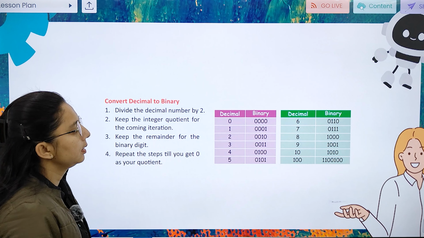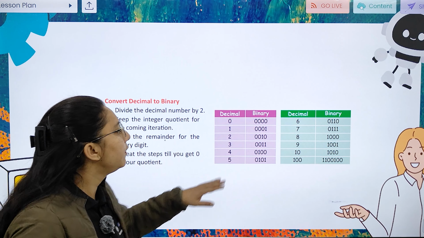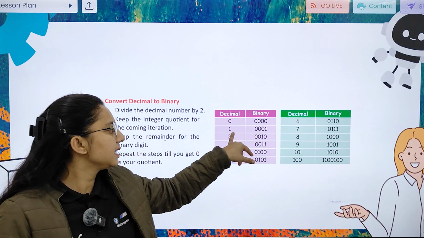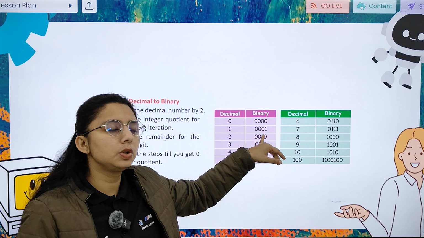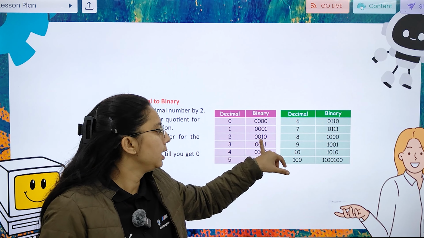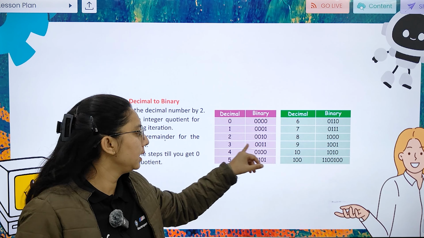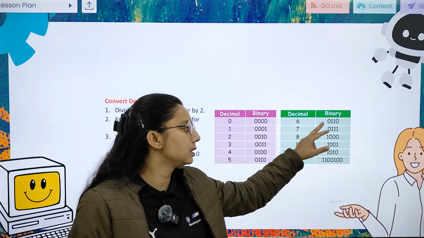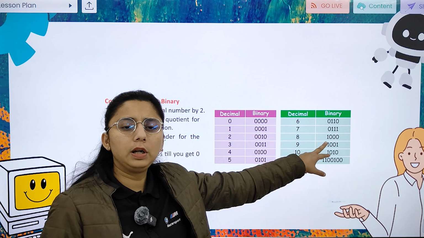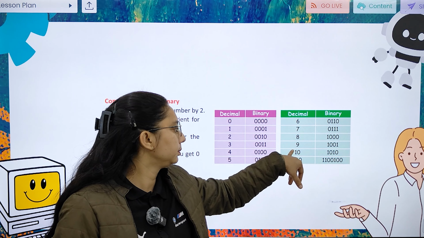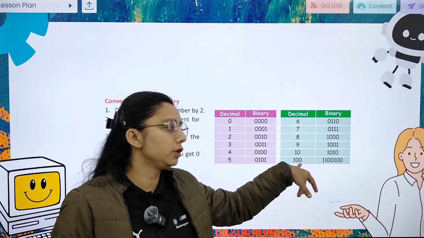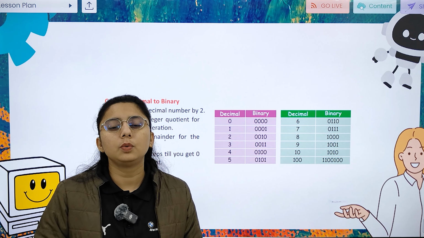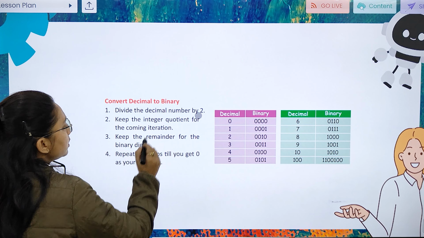So, here, decimal 0 is binary 0, decimal 1 is 1, 2 is 10, 3 is 11, 4 is 100, 5 is 101, 6 is 110, 7 is 111, 8 is 1000, 9 is 1001, 10 is 1010, and 100 is 1100100.